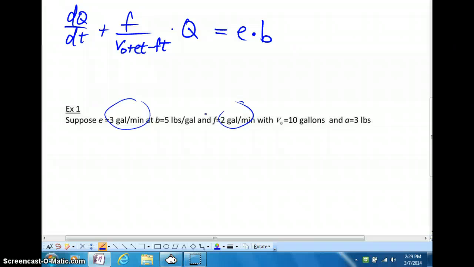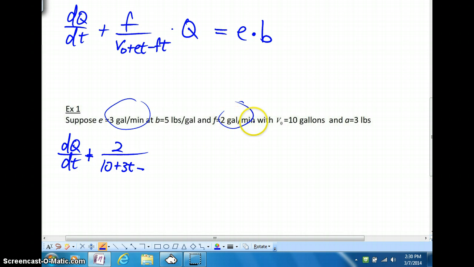So look, we can use this setup to help us out. We could say the differential equation we're going to have is dQ/dt. And what's coming out? Well, we've got 2 gallons per minute coming out. We're going to start with 10 gallons as an initial volume. We've got ET, so we're going to say there's 3t minus 2t gallons per minute.